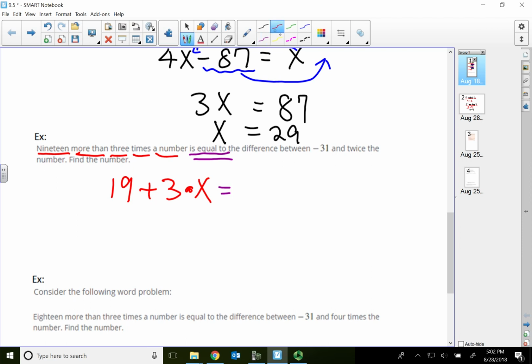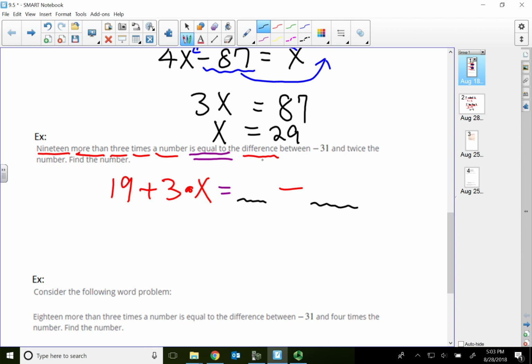The next word I translate is actually the word difference. Here we go. When I see the word difference, I'm supposed to write a subtraction sign down. But when I write a subtraction sign down, there has to be somebody in front of it and somebody behind it. That makes sense because a subtraction sign outside the parentheses separates two terms.